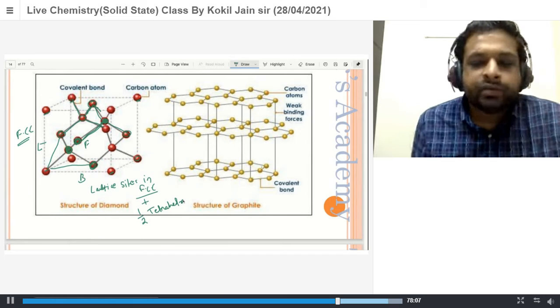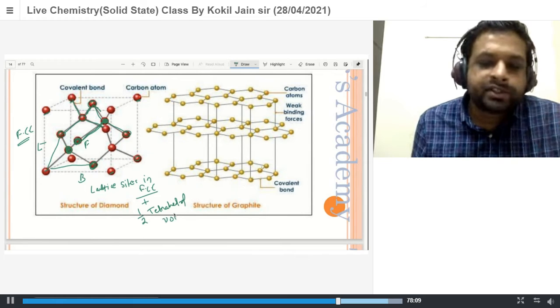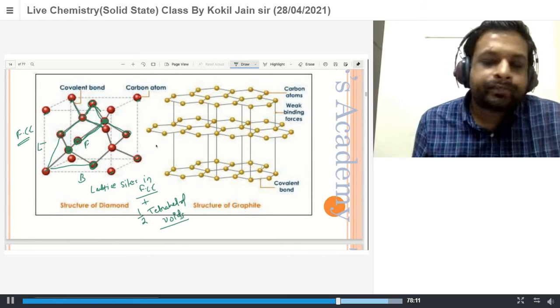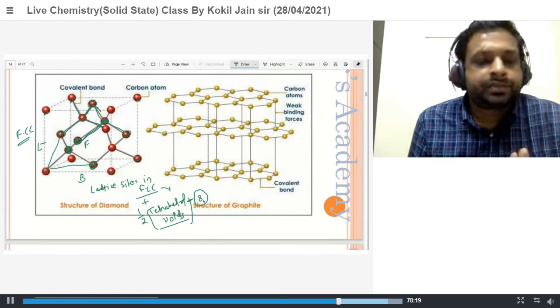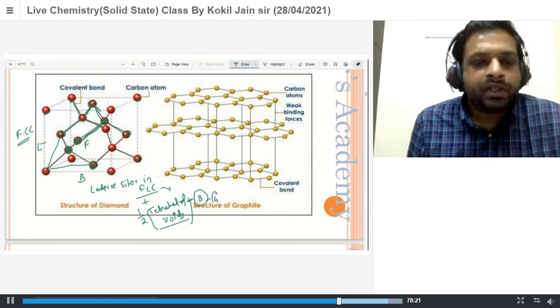How many tetrahedral voids were present in FCC lattice? 8. Half of tetrahedral voids means 4 sites are occupied. Understood this thing?